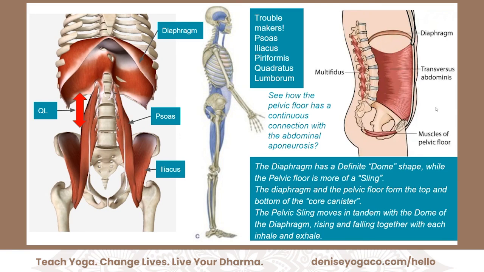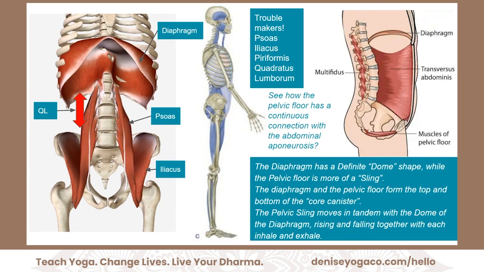If you know there's a continuous connection, then I think it's a bit easier to tap into that rather than thinking of your pelvic floor as this thing unto itself and your transverse abdominis as a thing unto itself. These things are connected, and pelvic floor and transverse abdominis are very connected functionally. So when you're stabilizing your core, these two muscles need to work together.